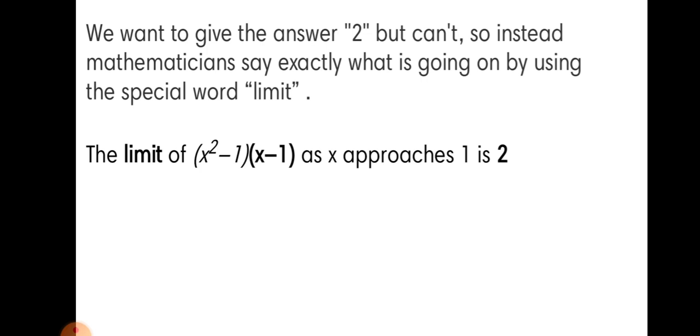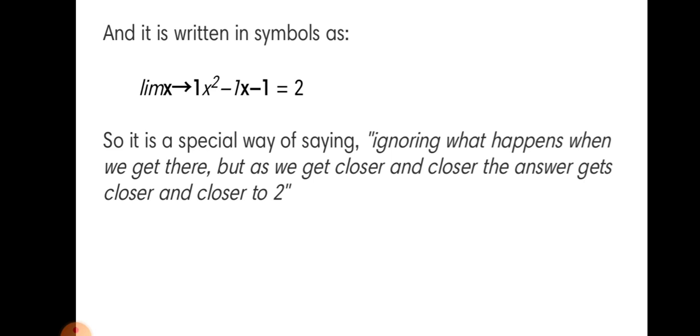So instead, mathematicians say exactly what is going on by using the special word limit. The limit of x squared minus 1 over x minus 1 as x approaches 1 is 2. It is written in symbols just like this.